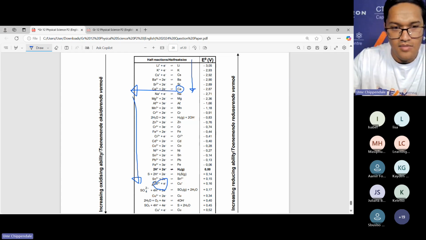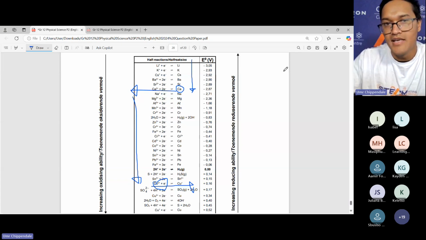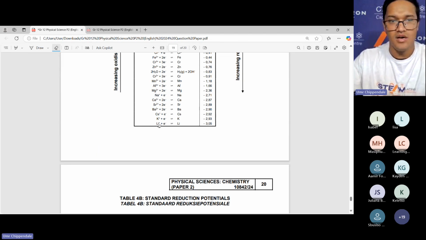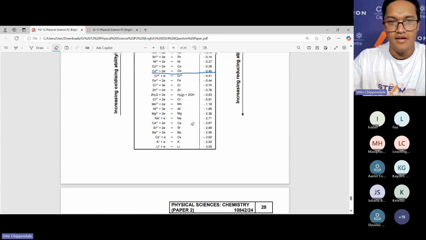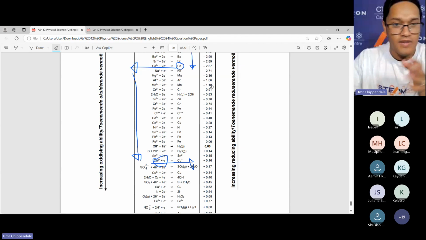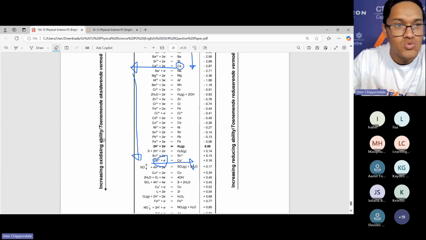You then write that from left to right. So for table 4B, it is in this direction, like I just showed you. In table 4A, it will be in the other direction, where you will find it from the bottom up. I hope that made sense. Okay, now back to the lesson.